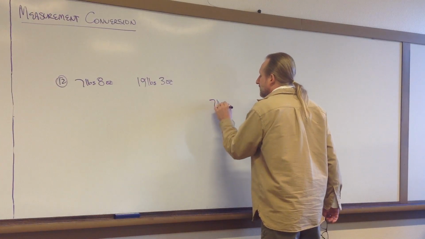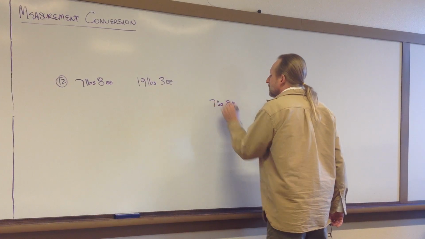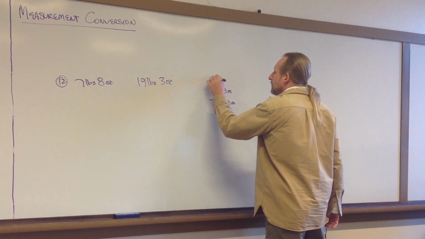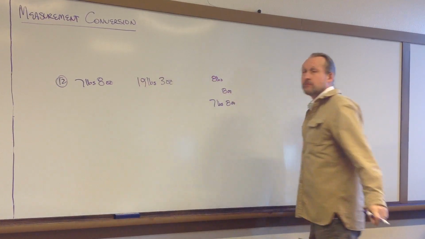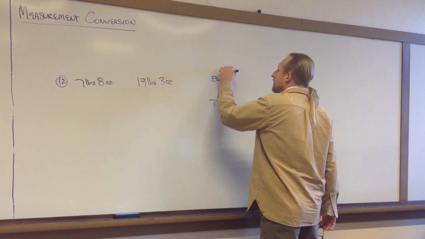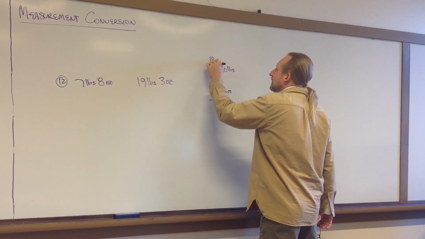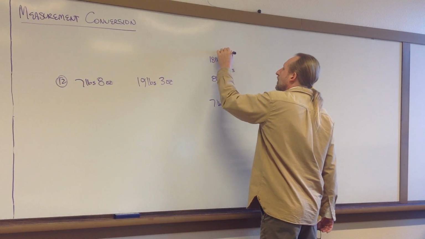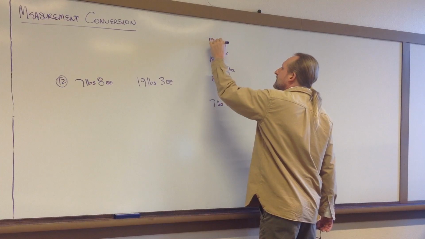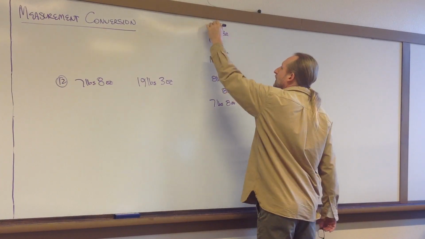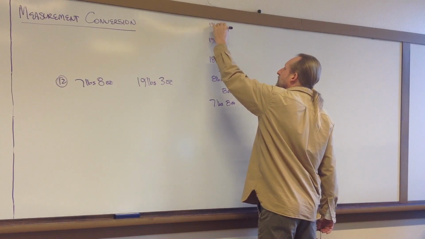Okay, so if you've got 7 pounds, 8 ounces, it would take 8 more ounces to bring you up to 8 pounds. Okay, and then if we added another 10 pounds, that would put us at 18 pounds. Add another one, and that would be 19 pounds. And then add 3 more ounces, and we're at 19 pounds, 3 ounces.